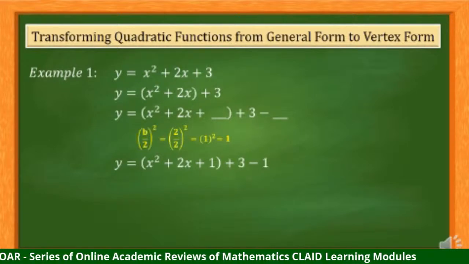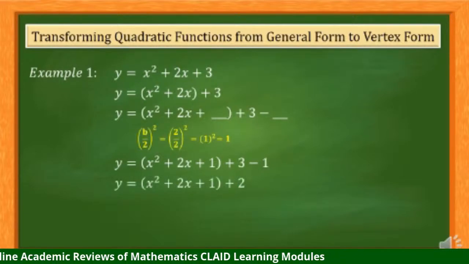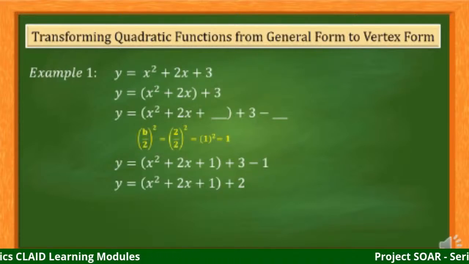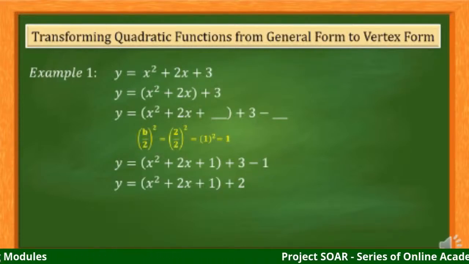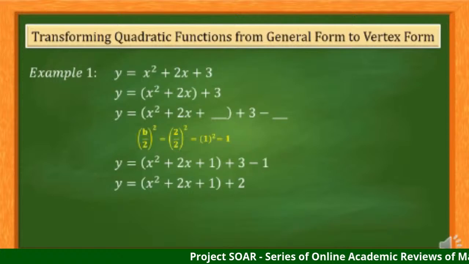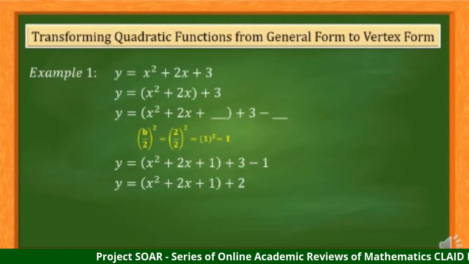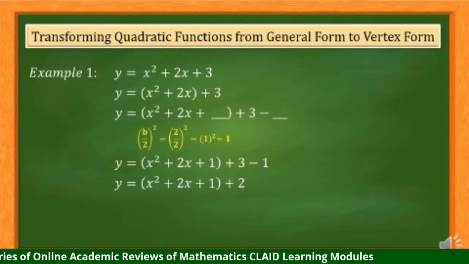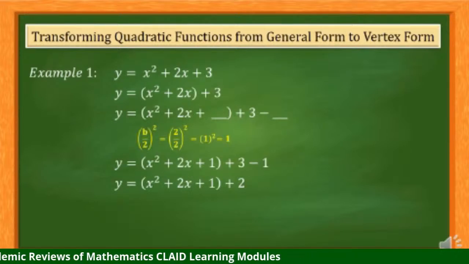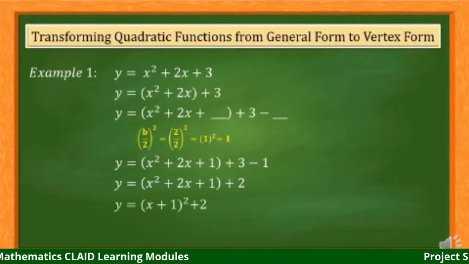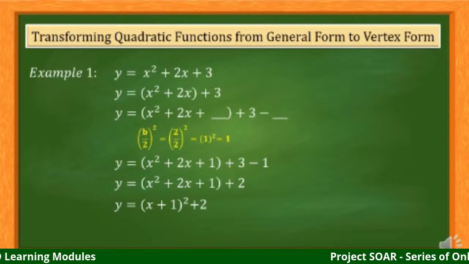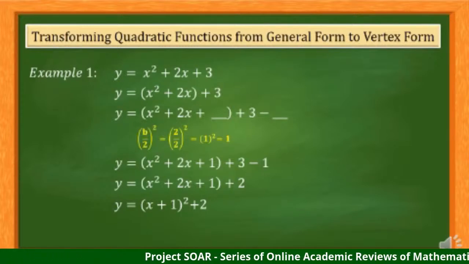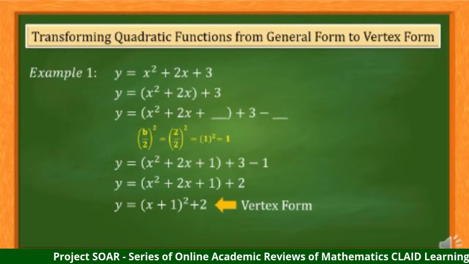Then just simplify this equation. We have y is equal to the quantity of x squared plus 2x plus 1, plus 2. Then since perfect square trinomial na yung expression na nasa loob ng parentheses, isusulat natin siya into square of binomial. The result is y is equal to the quantity of x plus 1 squared plus 2. So this is now the vertex form.